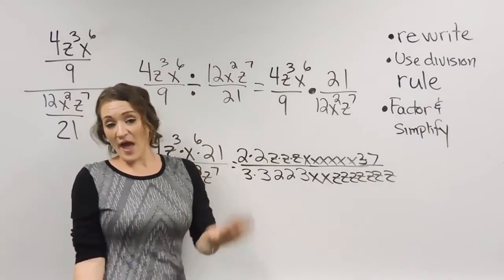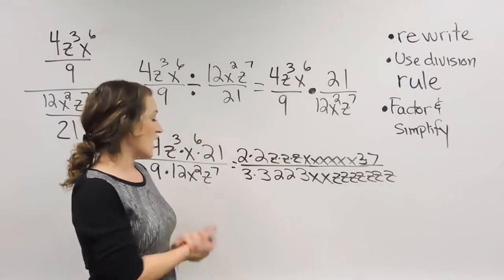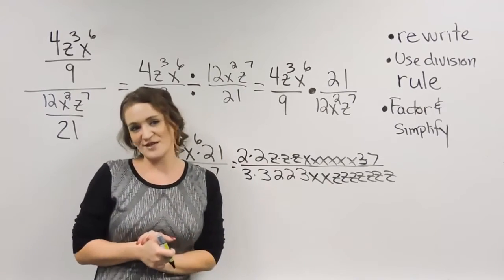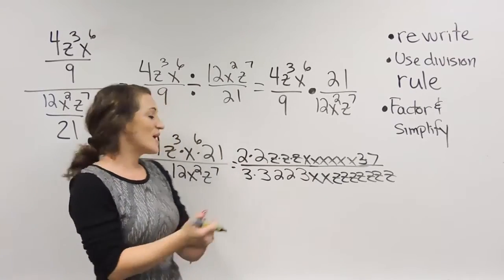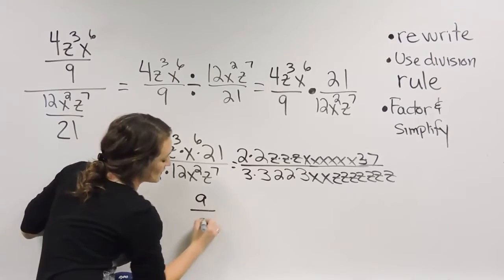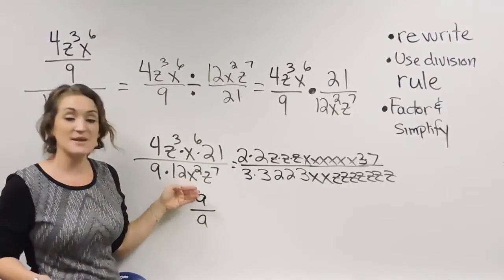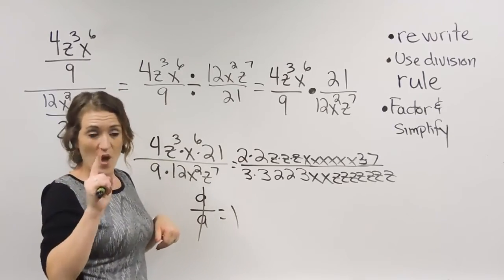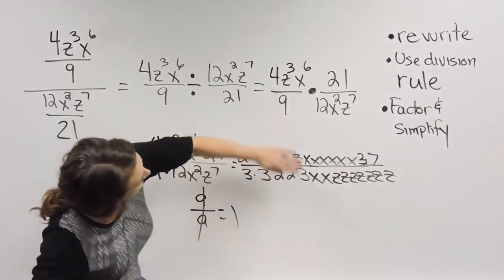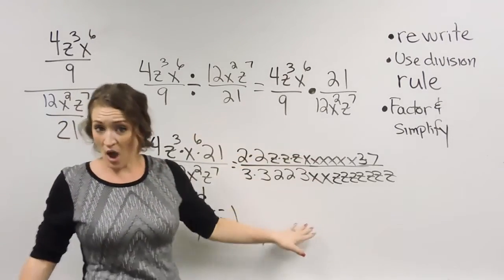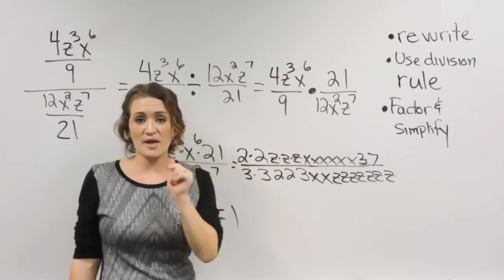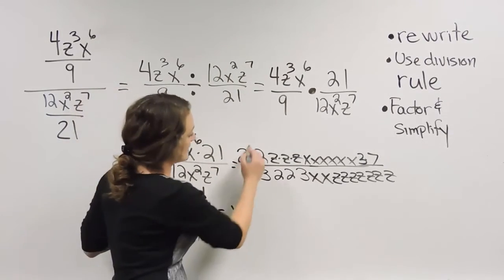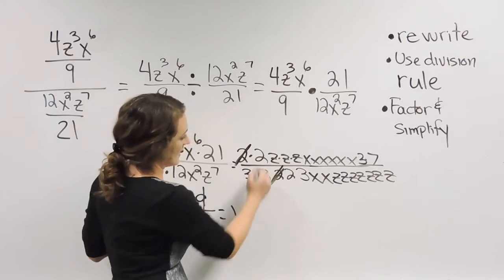When you're done factoring your numerator and denominator, next is my favorite step. You get to cancel. Remember in math, we have this rule that says anytime you have the same thing over itself, those cancel and you're left with a 1. So anything we have in the numerator that we also have in the denominator, we're going to cancel it out. So let's see. This 2 is going to cancel out.